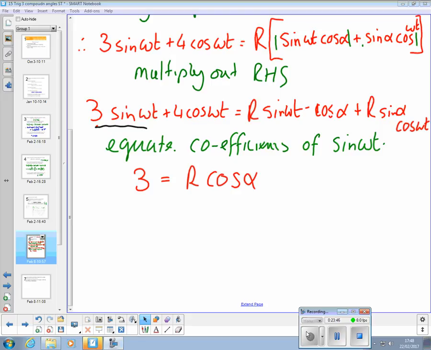And the other one, where's the 4? That's the cos omega t. On the other side, there's R sine alpha cos omega t. That's the only other term there is.